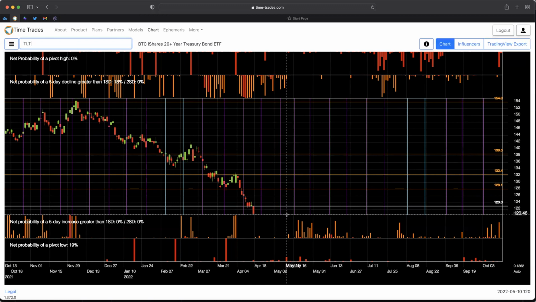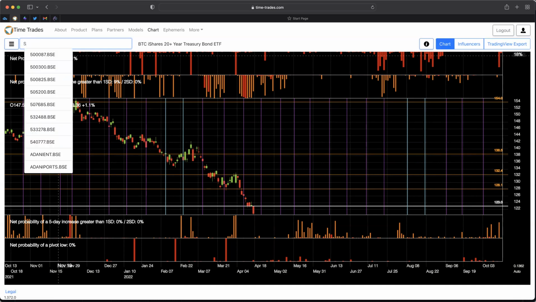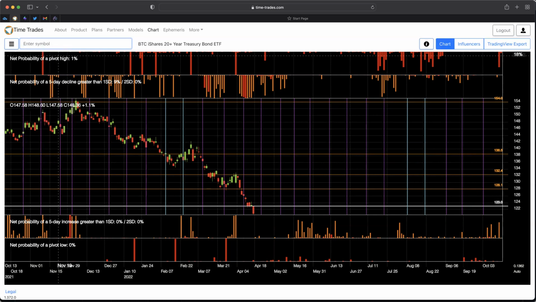Again, the biggest feature here looks like a May 10th pivot low coming off of an April 25th pivot high. So it's just more bad news for bonds in general, and that's going to definitely put a lid on how high stocks can go if bonds continue to slide like this. Okay, that's the bond situation.